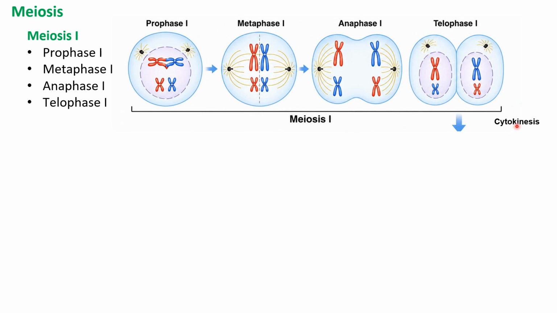Next, cytokinesis will happen. In most species, cytokinesis follows telophase I, with daughter nuclei becoming enclosed in separate daughter cells. Since the number of chromosomes is reduced by 1/2, meiosis I is called reductional division.